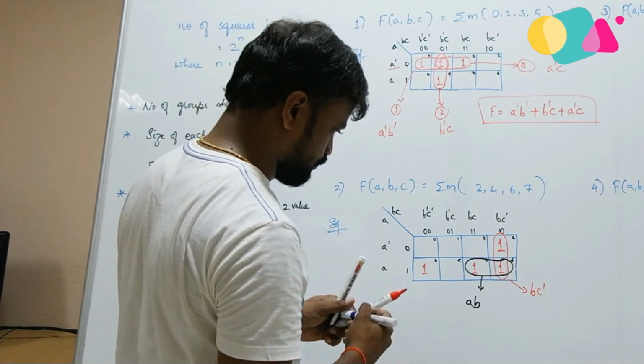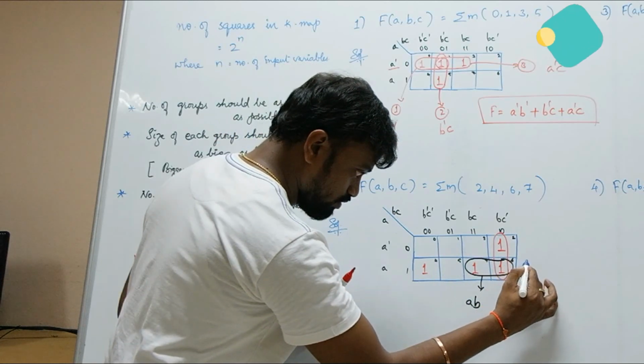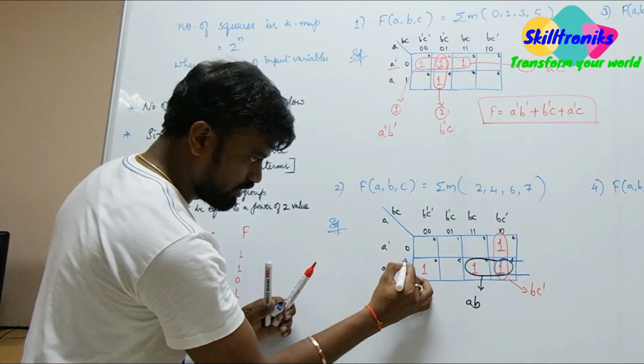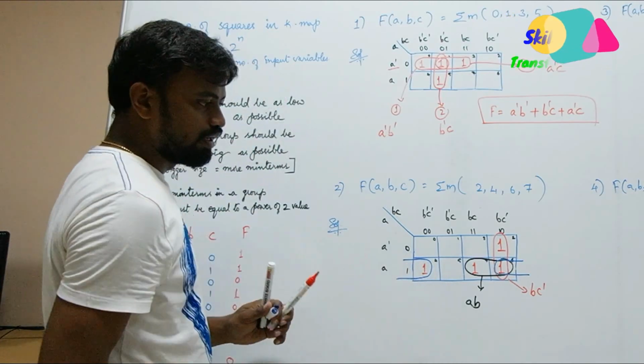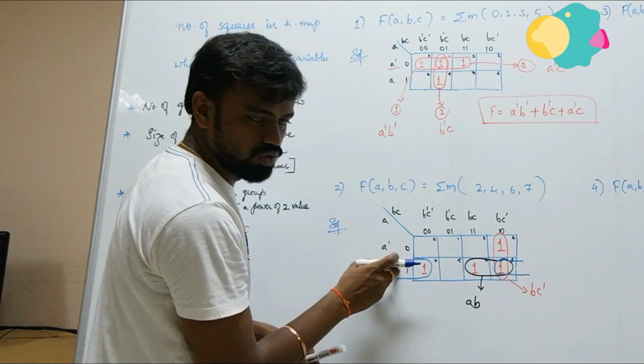After these two, another minterm is left. As we already discussed, we should form a pair like this. If you observe, I have kept something open here and here also.